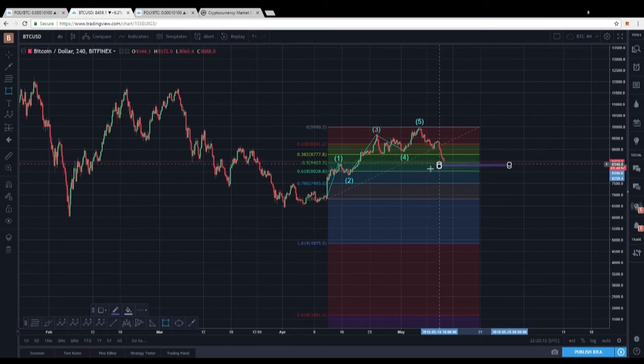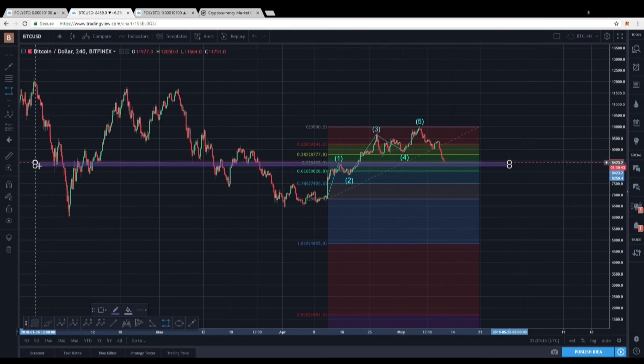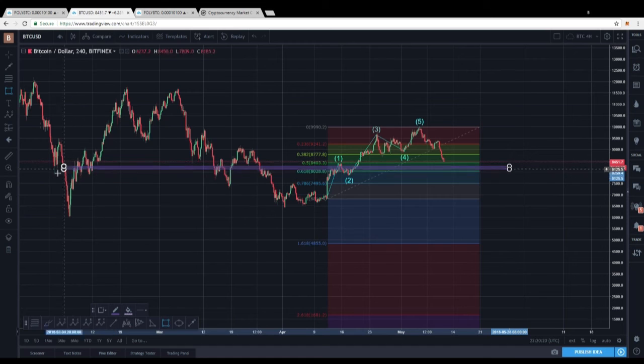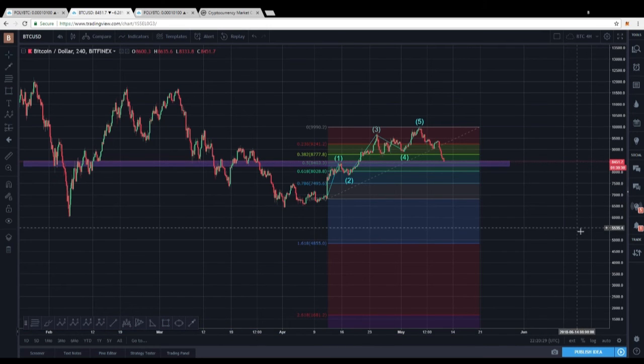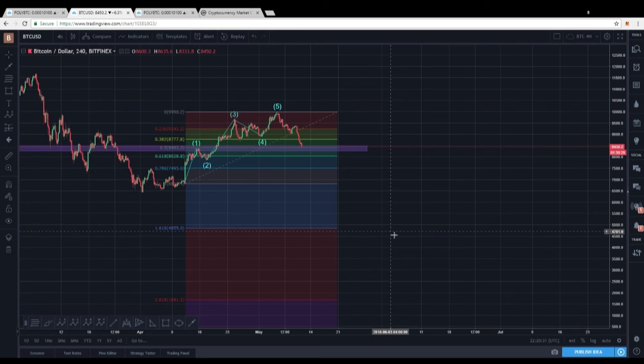From there till right around through here, guys, there's all kinds of price action. So this is a very good area of support for Bitcoin right now that it's dancing on.